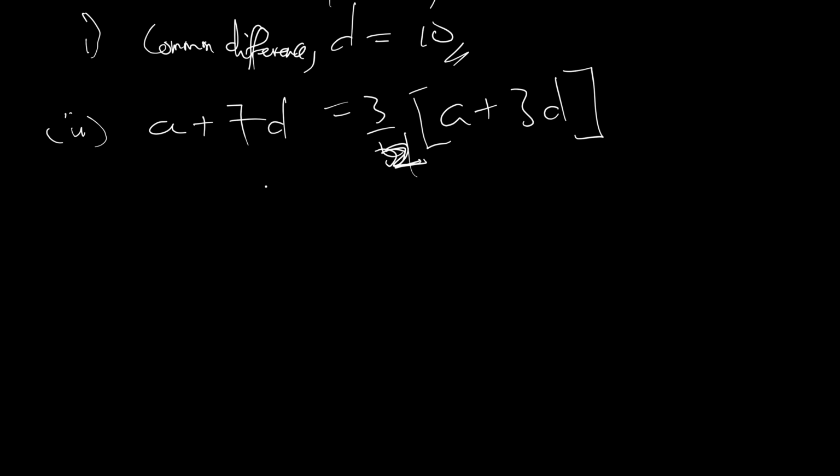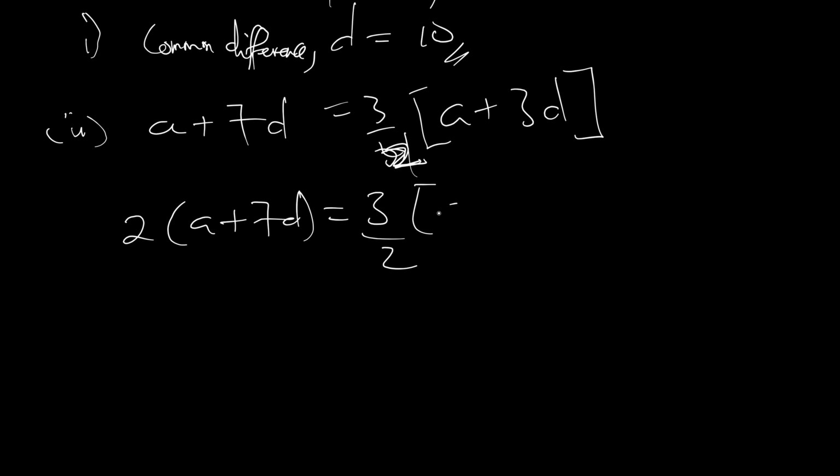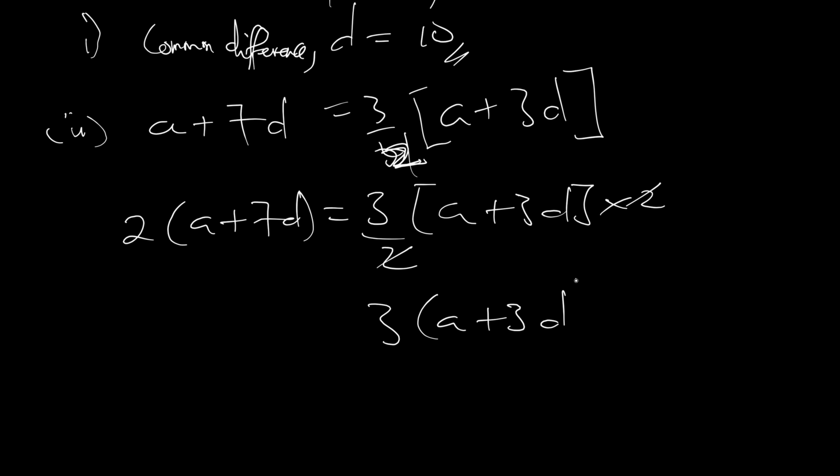Now when we multiply both sides by 2, we have 2 multiplying a plus 7d is equal to 3 over 2 times a plus 3d, all times 2. Now 2 cancels 2. We have 2 multiplying a plus 7d is equal to 3 multiplying a plus 3d.